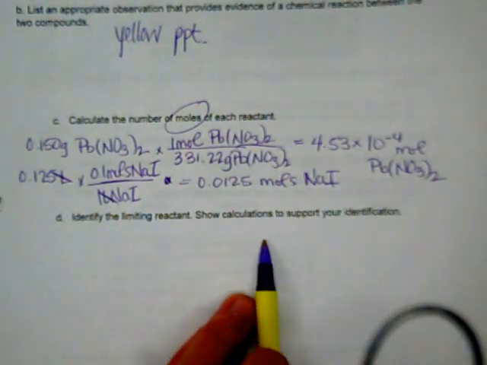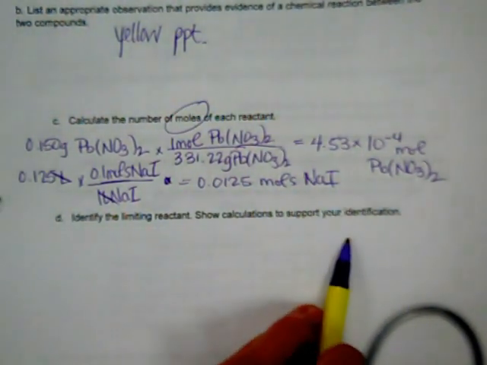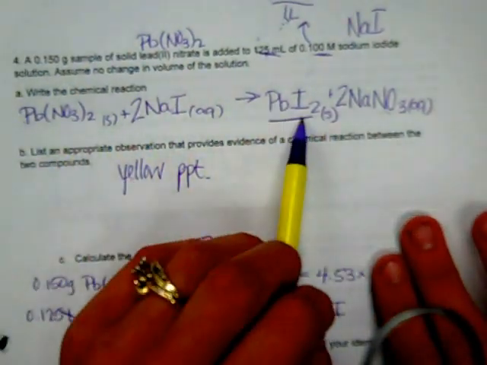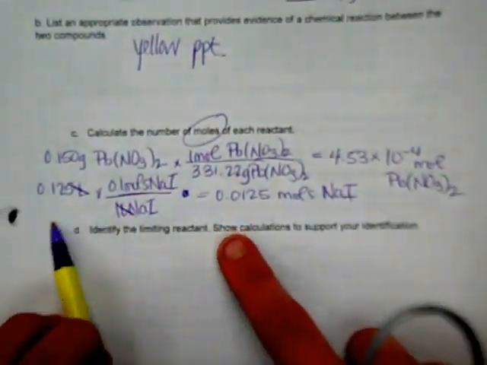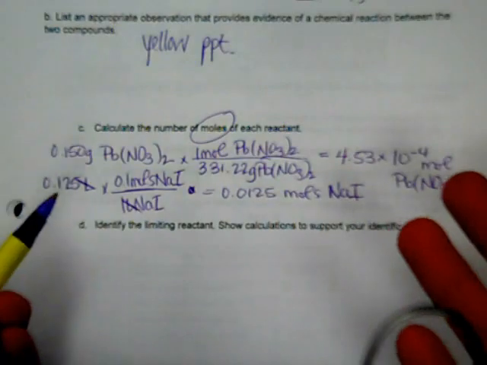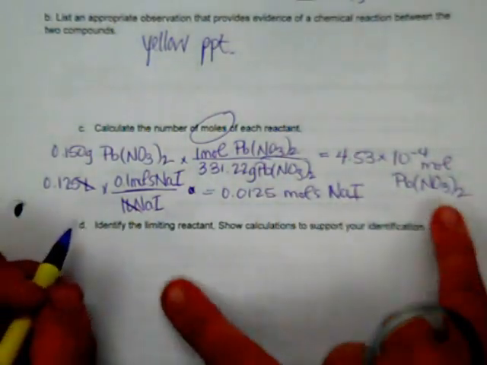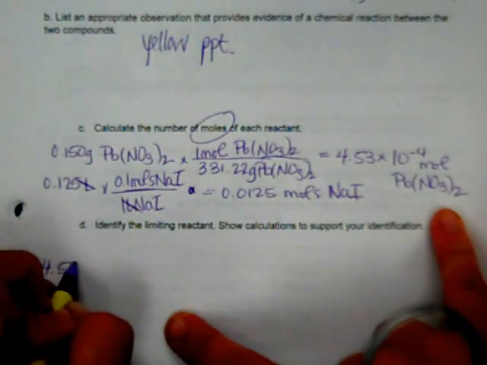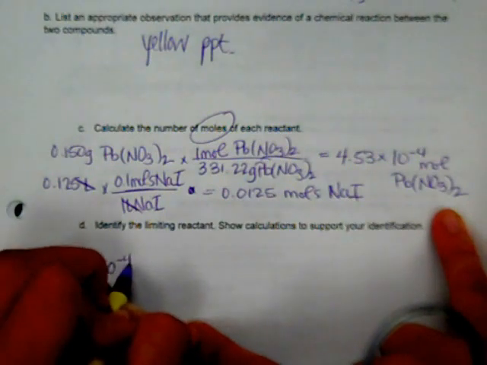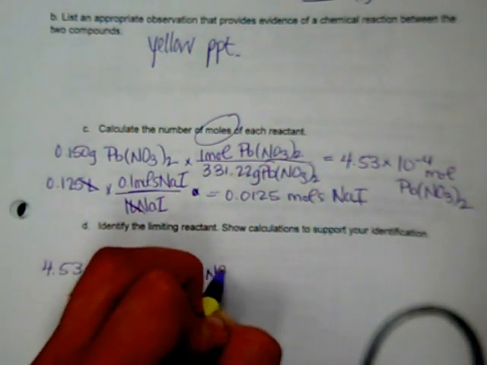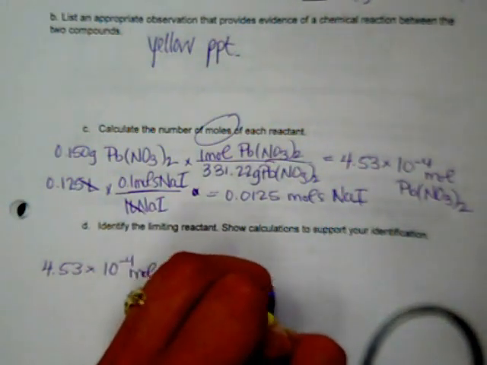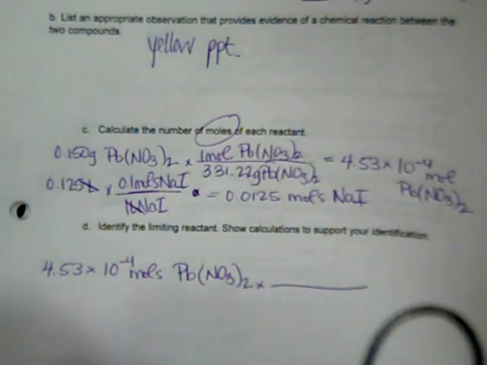So identify the limiting reactant and show a calculation to support your answer. I'm going to solve for a product, and it doesn't matter how you set up the problem as long as you solve for the number of moles or grams of this product using the 2 starting points, then you can solve for a limiting reactant problem. So starting with my 4.53 times 10 to the -4th moles of one reactant, I want to figure out how many moles of product I'm going to make.